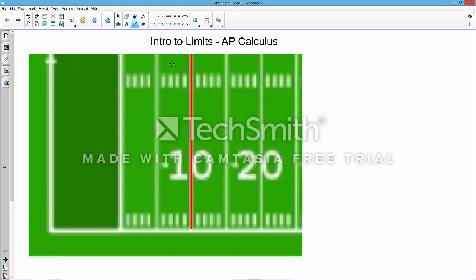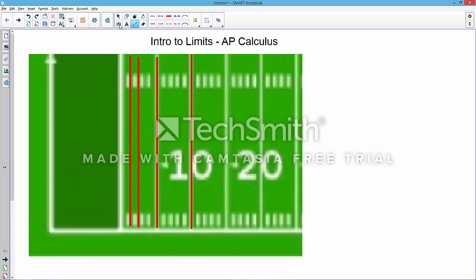So let's say on the first penalty, they get pushed back to the 5-yard line. But they're really bad, as I mentioned, and they keep getting offside penalties, and they're going to get pushed back half the distance from that point on the next play. Okay, so they're at the 5-yard line, then they're at the 2.5-yard line, and then they're at the 1.25-yard line, which is somewhere over here.